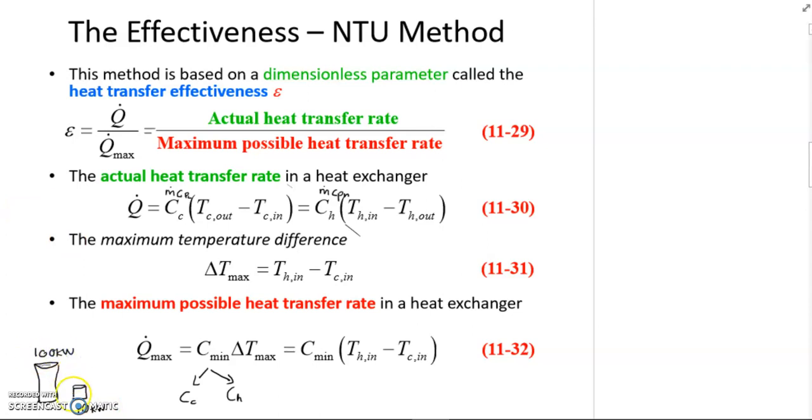So the maximum possible heat transfer you can get between these two is only 10 kilowatt, because this is the maximum that the small cup can achieve. That's why we take the minimum heat capacity here. So don't get confused. Q dot max is always C min multiplied by delta T max. Take note of this.